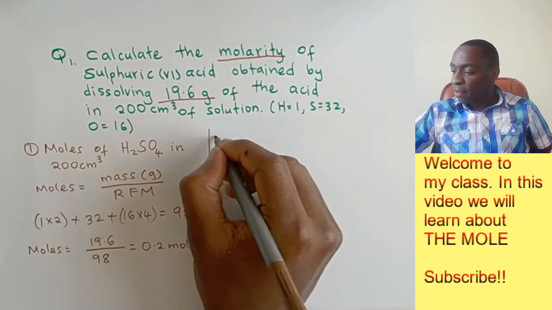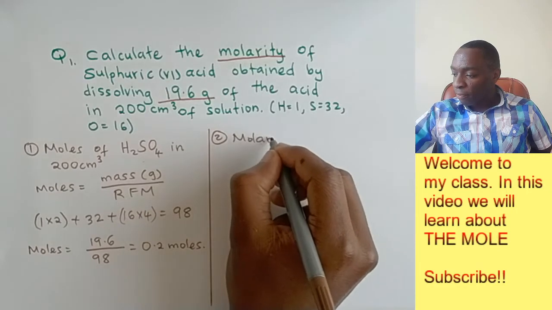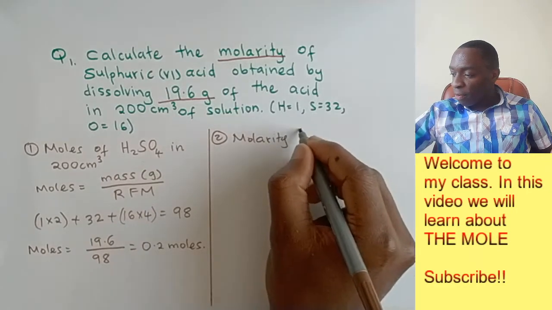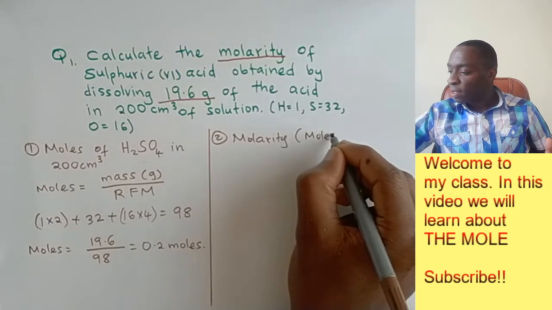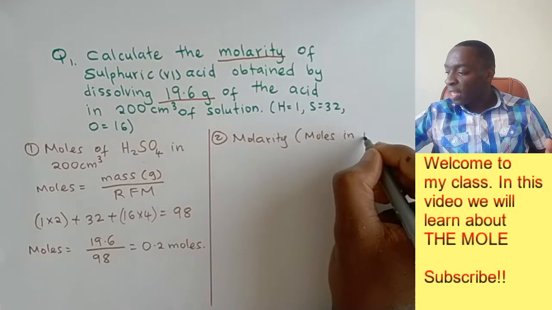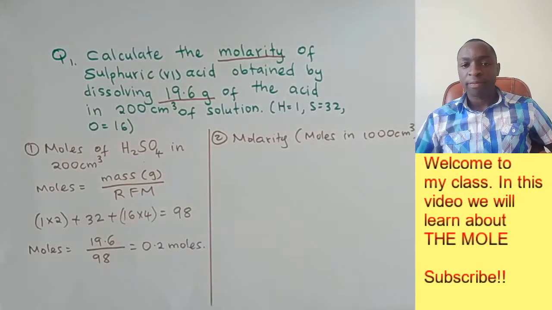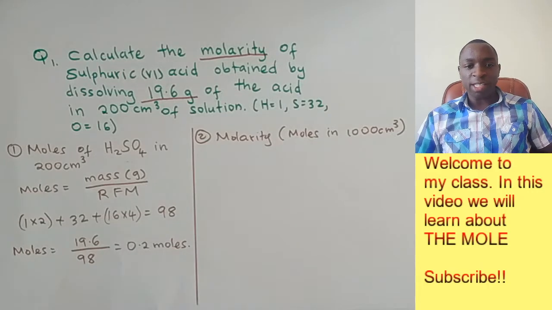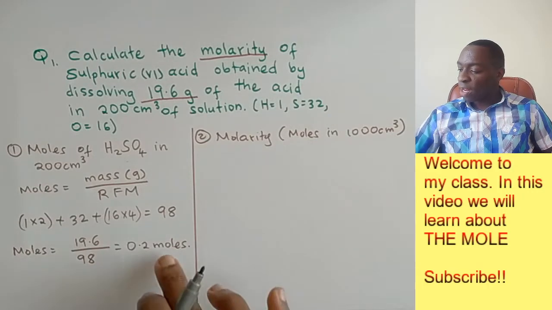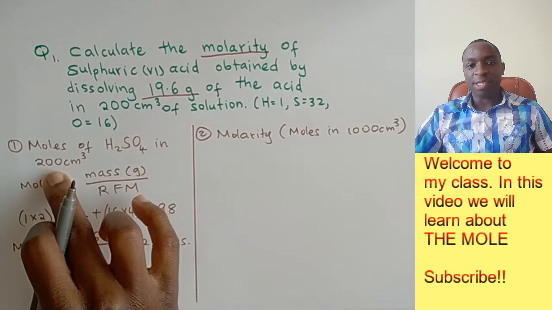The second step in this question is now to calculate the molarity. Now remember, the molarity is the number of moles in a liter, which is 1,000 centimeters cubed. It is going to be easy for us to do this because the number of moles you have obtained right here are present in 200 cubic centimeters.